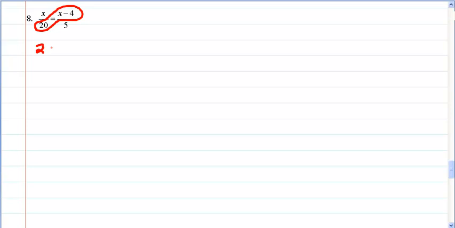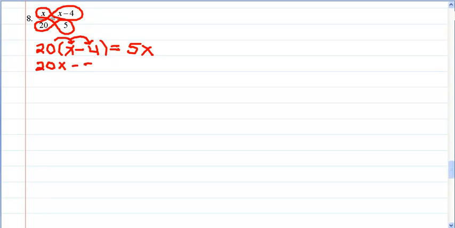And when I write that, you want to make sure that that x minus 4, because it has two terms, you want to put it in parentheses, and then write your equal sign, and then take the product of x and 5, which is 5x. So now your fraction is gone, and you want to solve this equation using the distributive property on the left. So 20x minus 80 equals 5x.